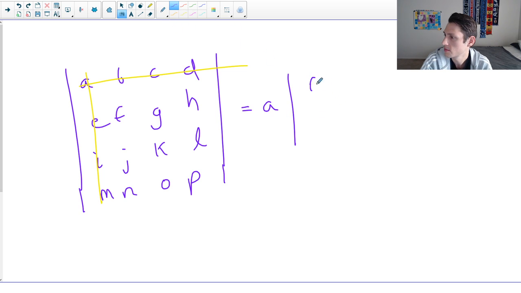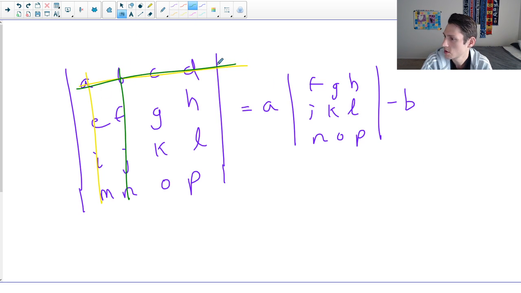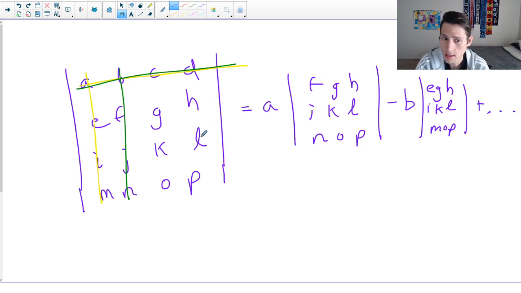What would be left? F, G, H, J, K, L, N, O, P. And then minus B, cross out the row, cross out the column. So what's left? E, G, H, I, K, L, M, O, P, right, etc. And then I'd have C and D.